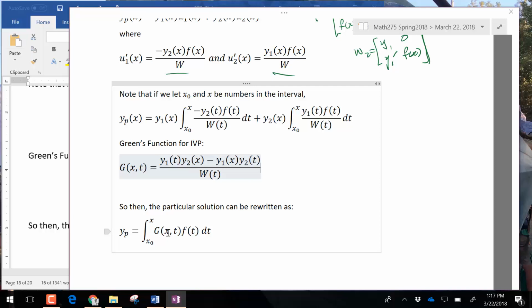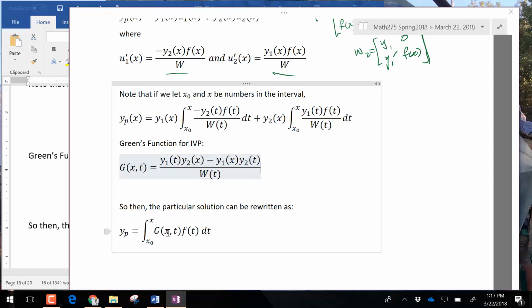So it's just a good function to know, or if nothing else, you can say that you know Green's function and you know that it comes from variation of parameters, but then you might see it in other contexts as well, like in partial differential equations or some other places. Okay, yeah.